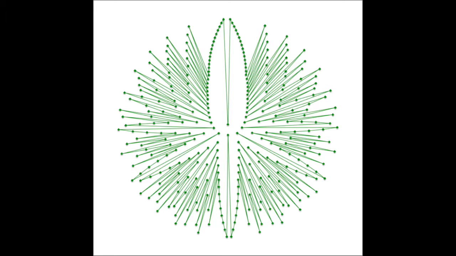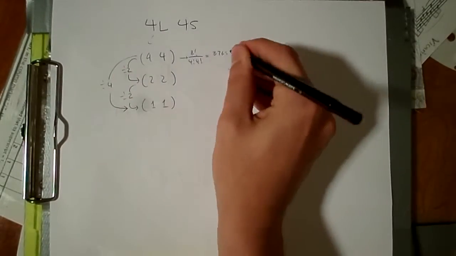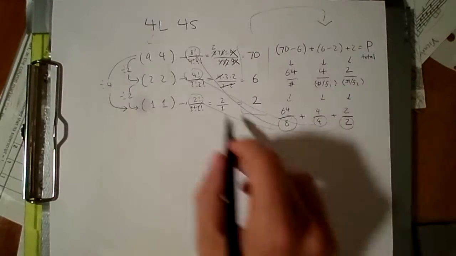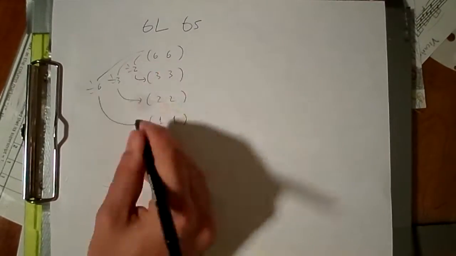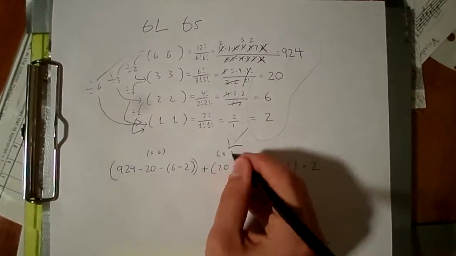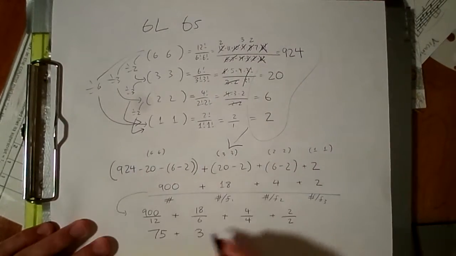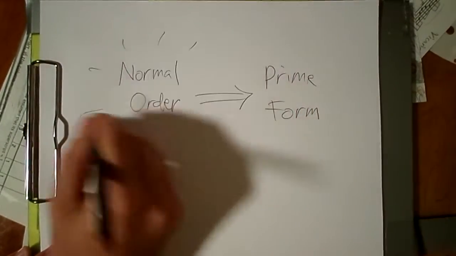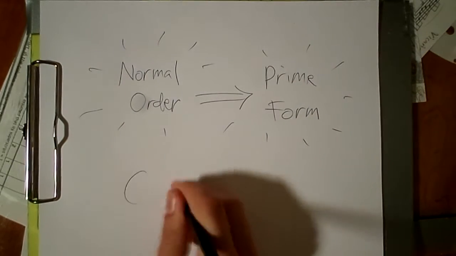I won't go over this in detail, but this doodling should give you the idea with a few examples. And that's all you need to know about scalar class sets to normal orders. Next up, the elusive prime form.